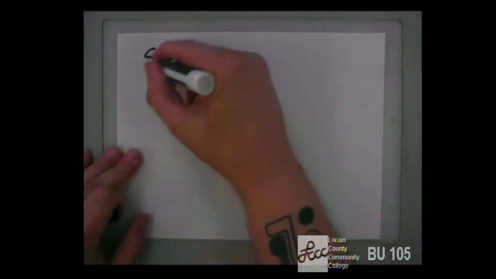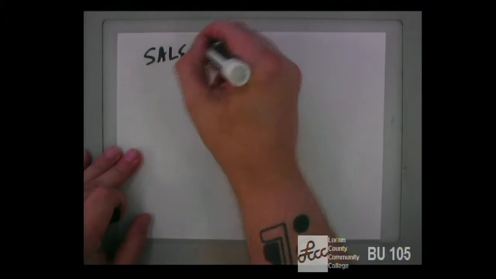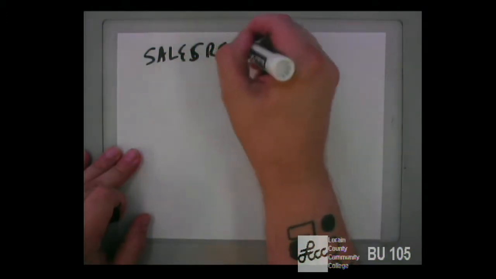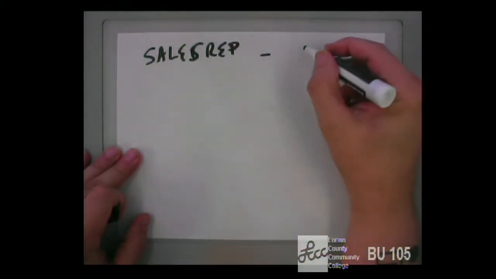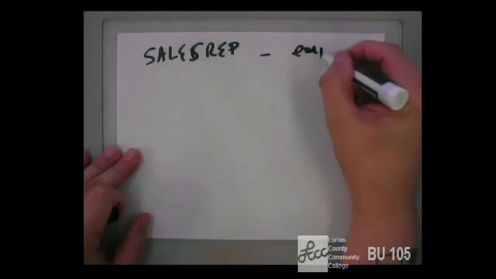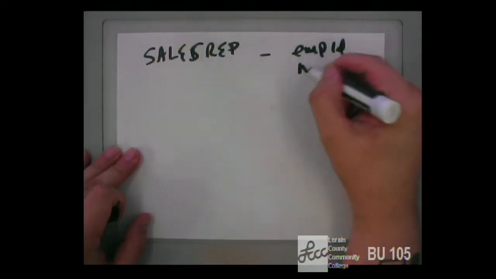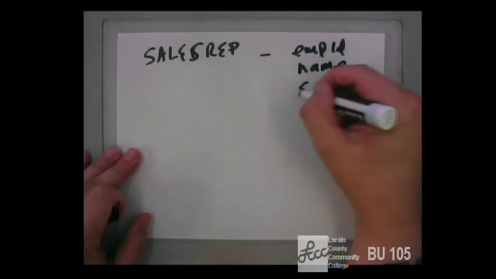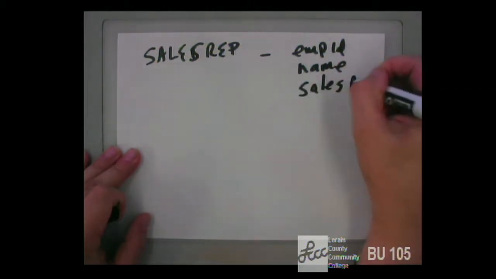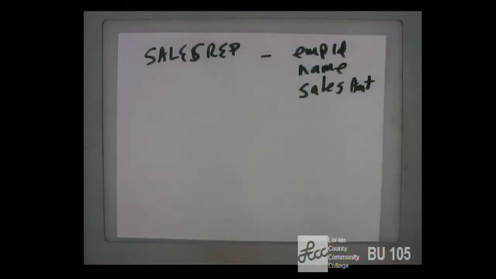A sales rep has associated with them an employee ID, a name, and a sales amount. We'll say that's how much they sold for a month.